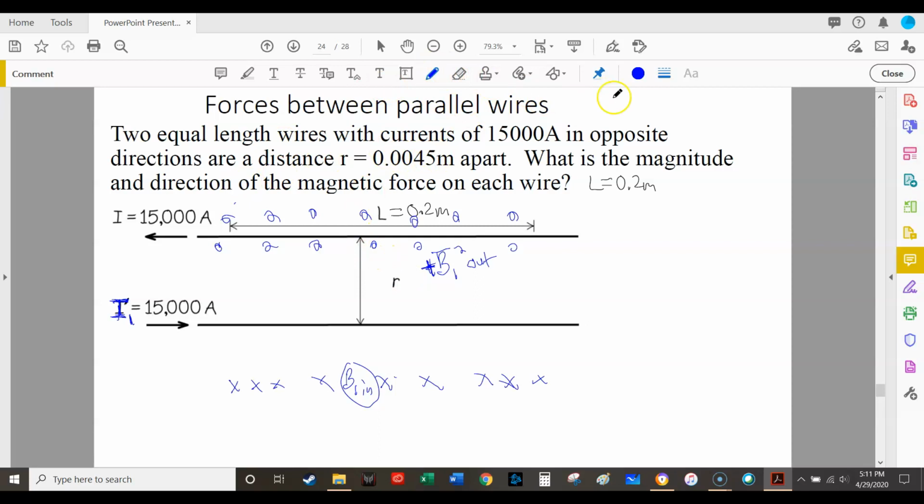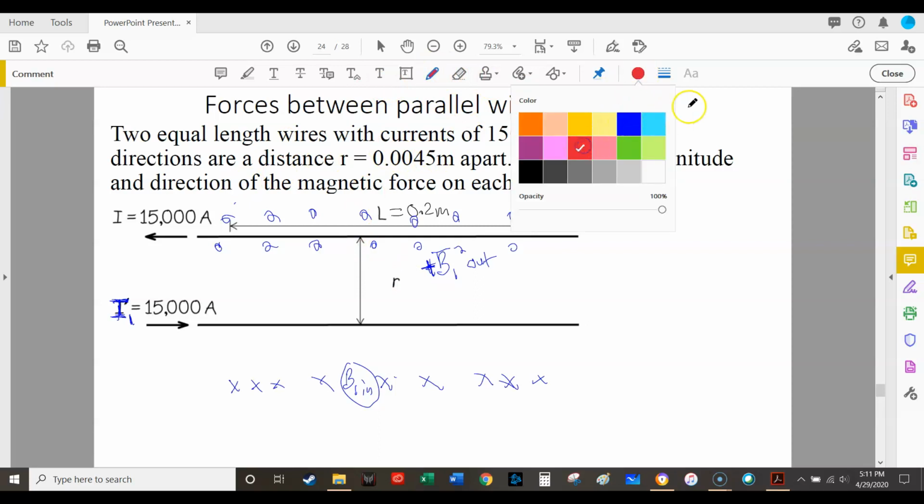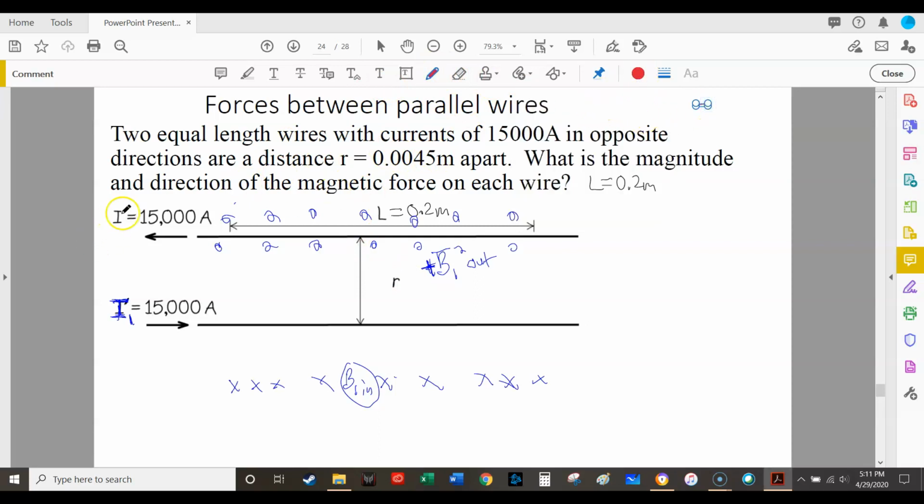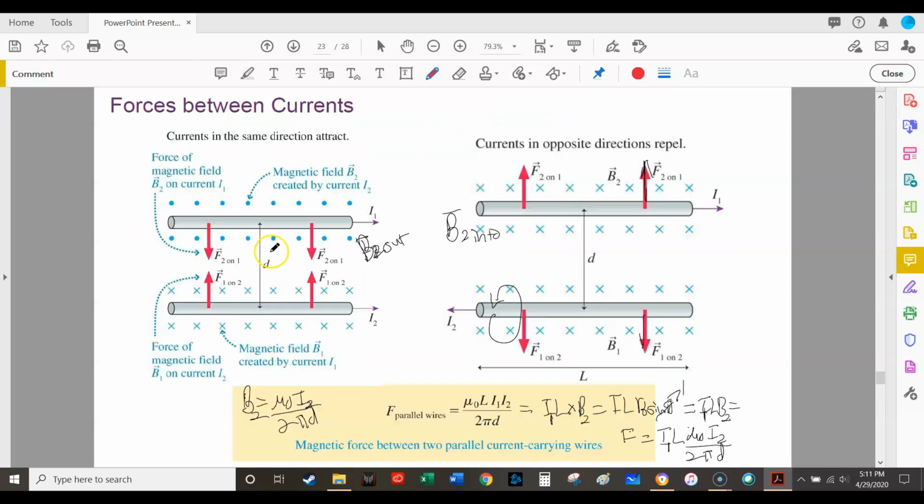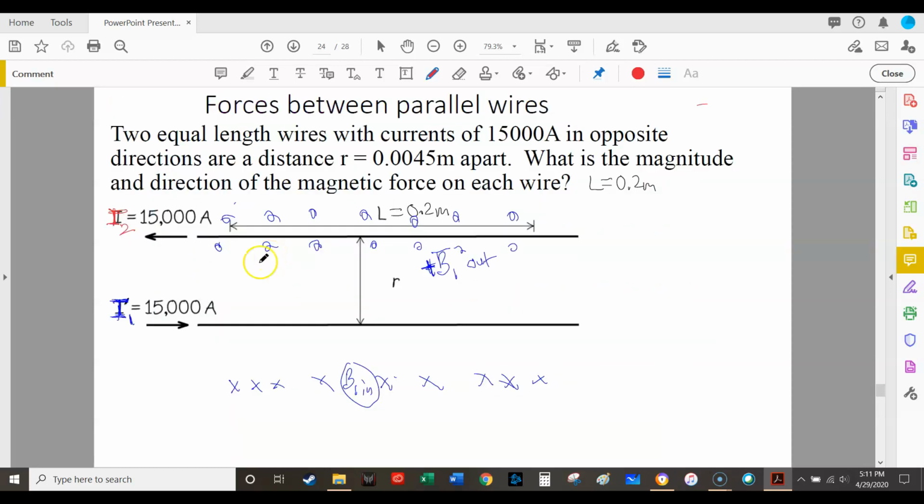And so wire number 2, which I'm now marking as red, is embedded in that magnetic field. Incidentally, wire number 2 is making a magnetic field around wire number 1 into the page. And I'm marking that here.